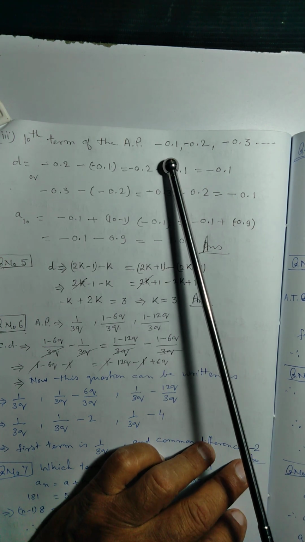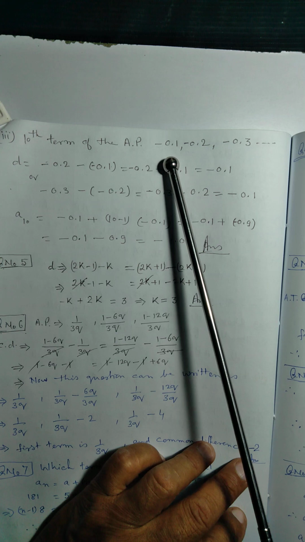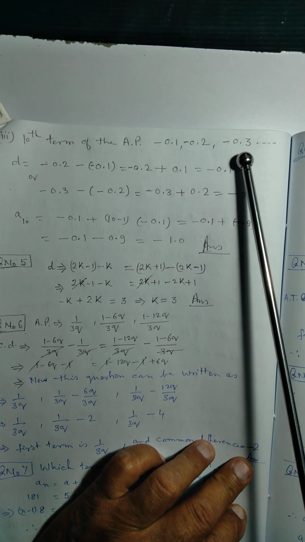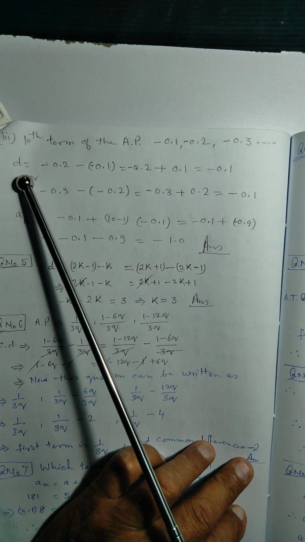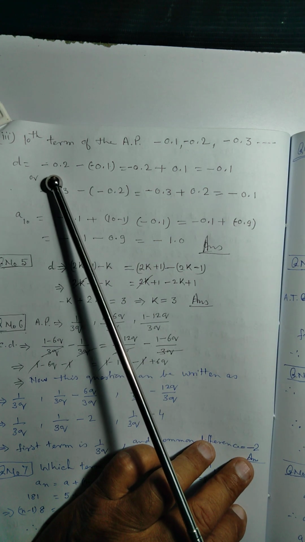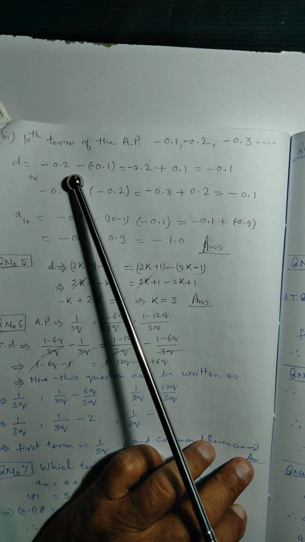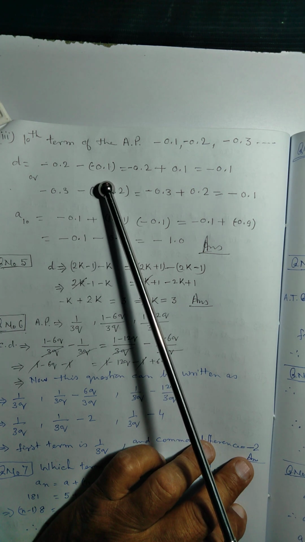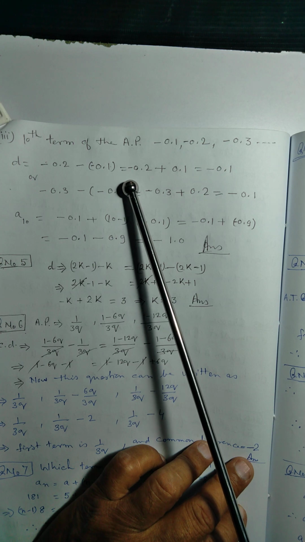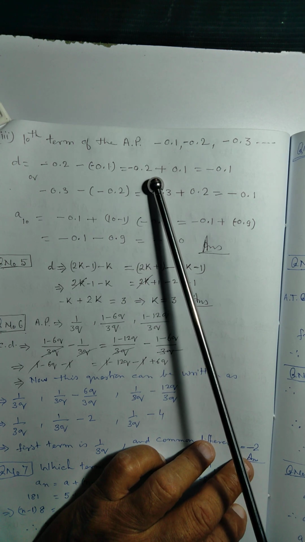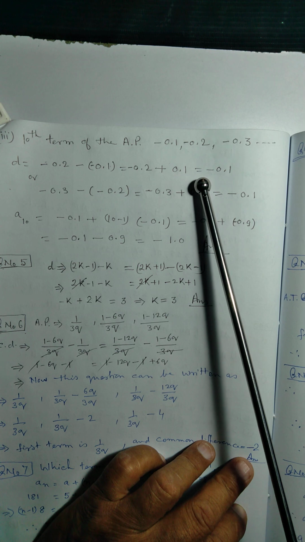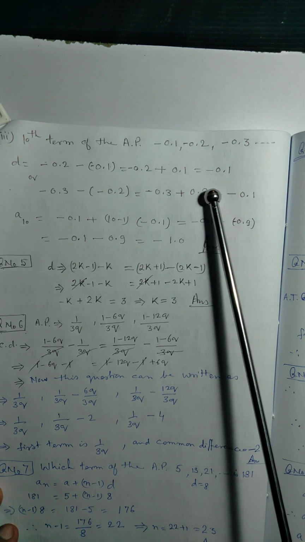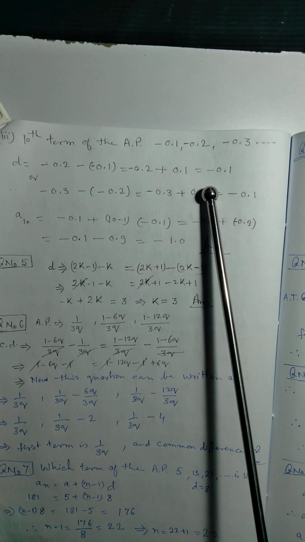AP is given to you, that is minus 0.1, minus 0.2, minus 0.3, and so on. So the common difference will be equal to minus 0.2 minus in bracket, that is minus 0.1, and it will be equal to minus 0.2 plus 0.1. Solve it, you will get minus 0.1. So your common difference is minus 0.1.